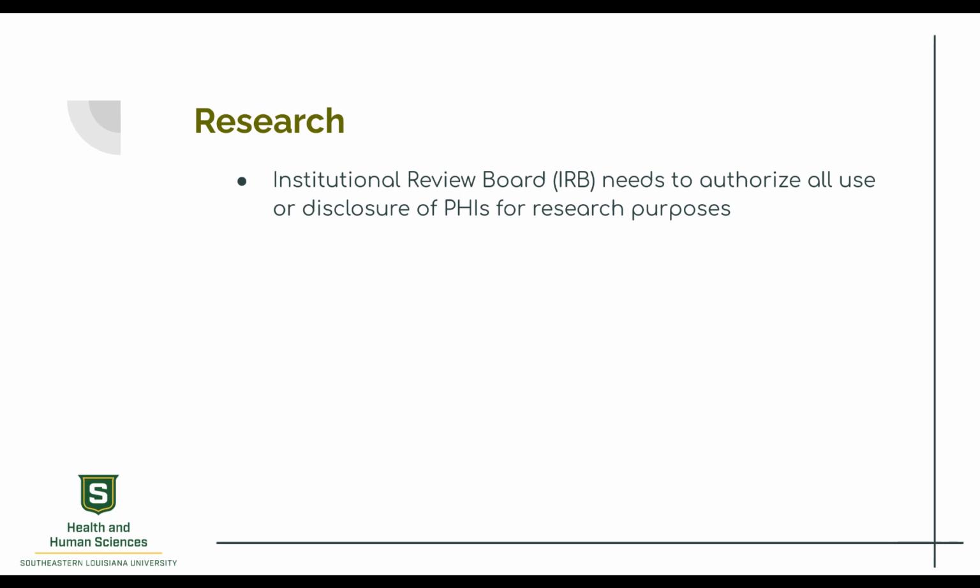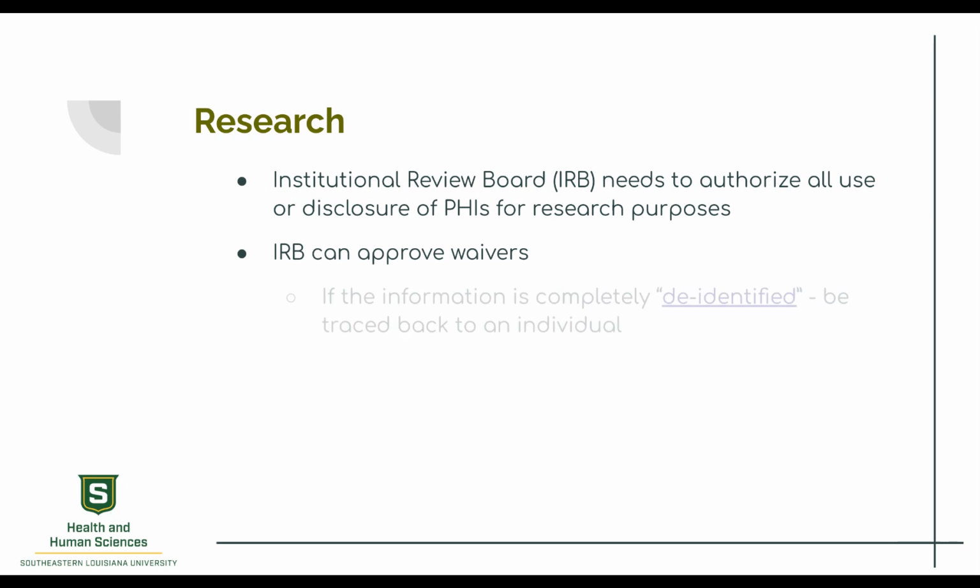They make sure that adequate steps have been taken in protecting the use and disclosure of PHI. But the IRB can approve waivers, depending on the case. For example, it could decide that if information is completely de-identified, then it's fine, and there could be a waiver.